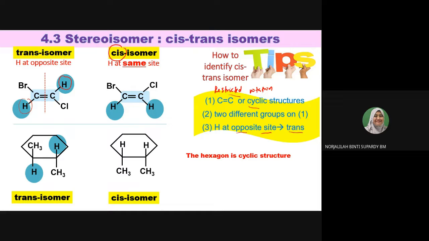In this case, we check for the hydrogen atom, whose position is at the opposite side, therefore it is called a trans isomer. And a cis isomer is when the hydrogen or the similar atom is at the same side. So we have cis-trans isomerism in alkene and also in cyclic compounds.